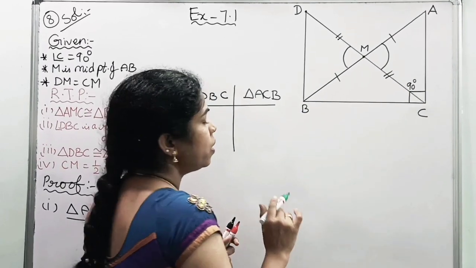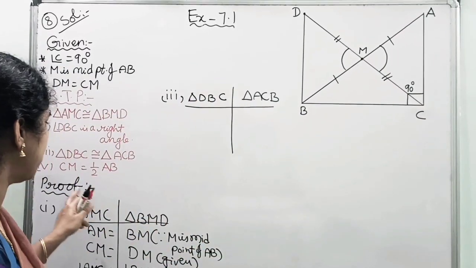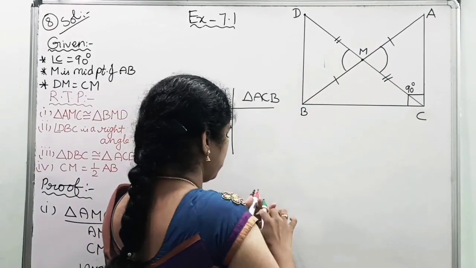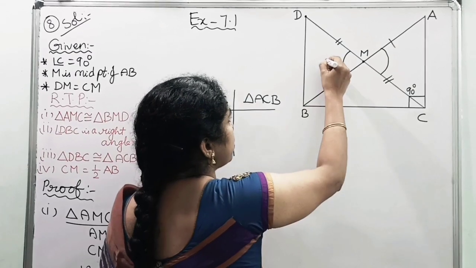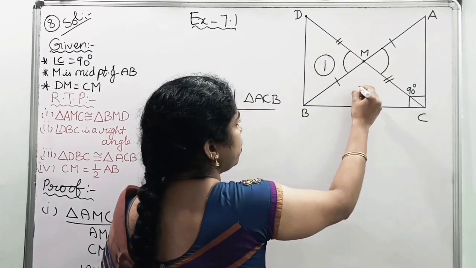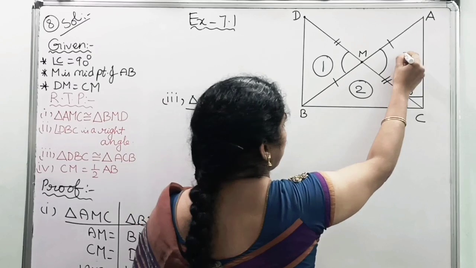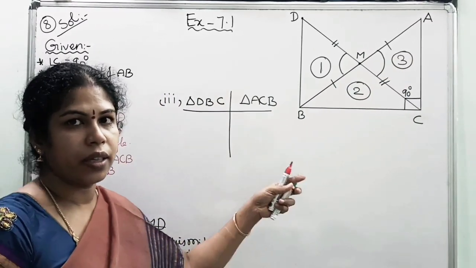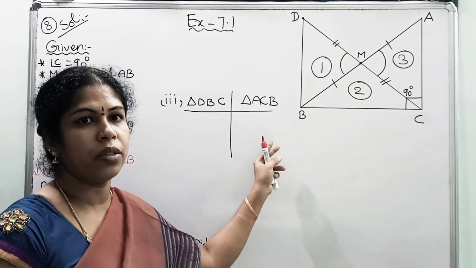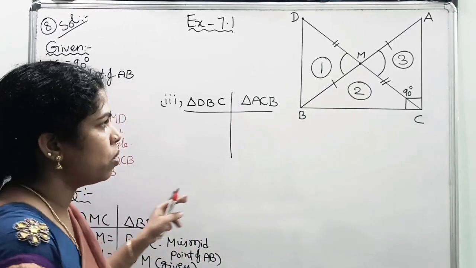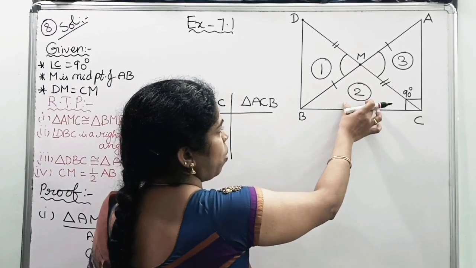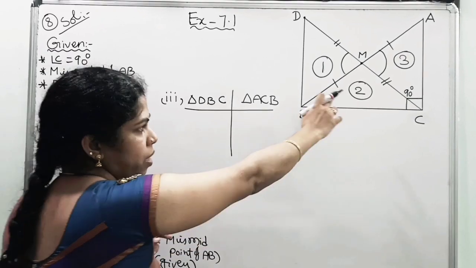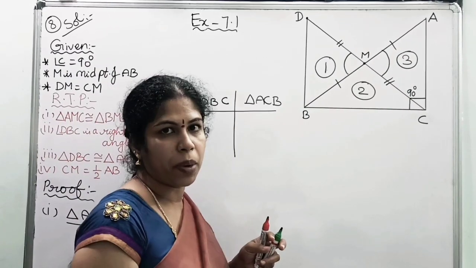Just now we have proved in the first point, let us consider this triangle as triangle 1, this one as 2, this one as 3. Just now we proved that triangle 1 is congruent to triangle 3. Triangle 2 is a common part for both the triangles.